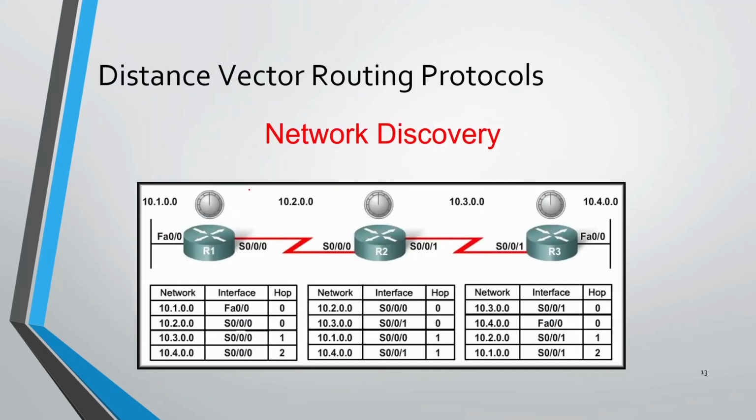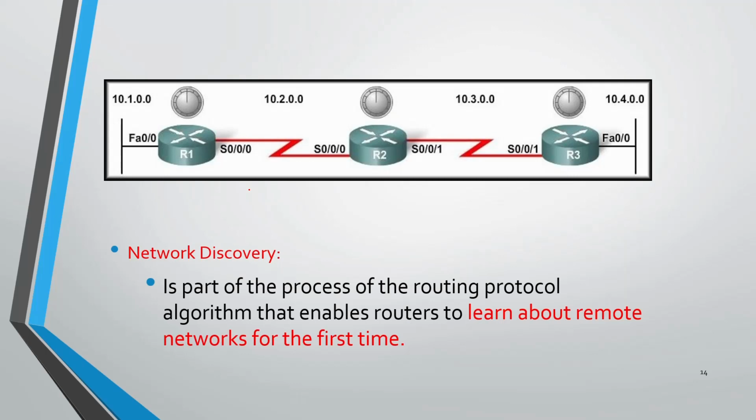So the first phase is called the network discovery phase, where I send the packets to my directly connected neighbors, and if I receive information from the other side, then I can be sure that on the other side there is another router and it is also sending me periodic updates. So let's start how these things are working.